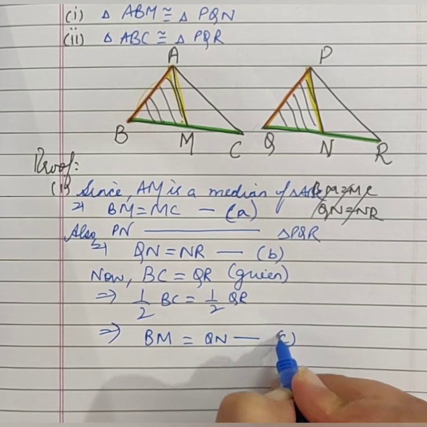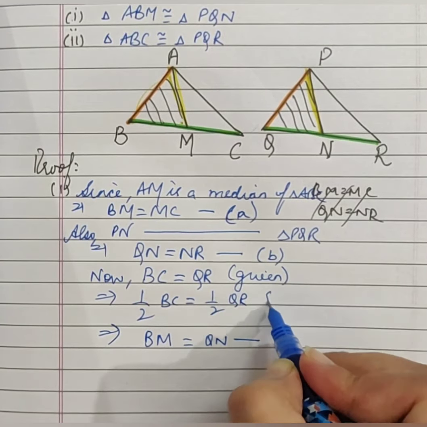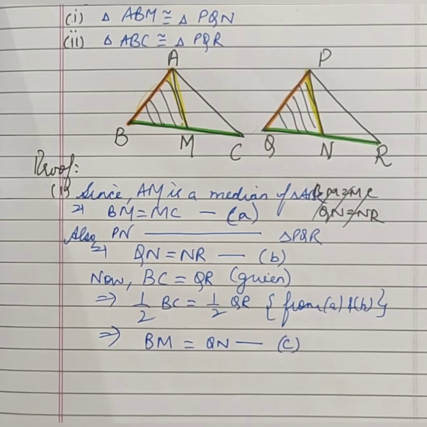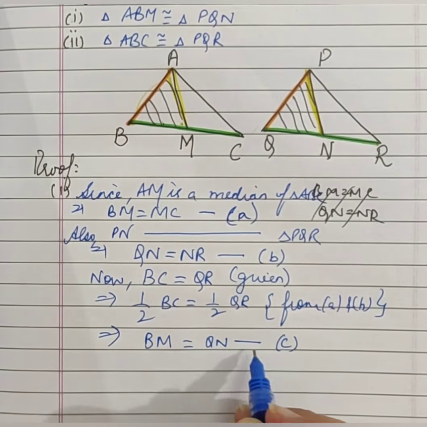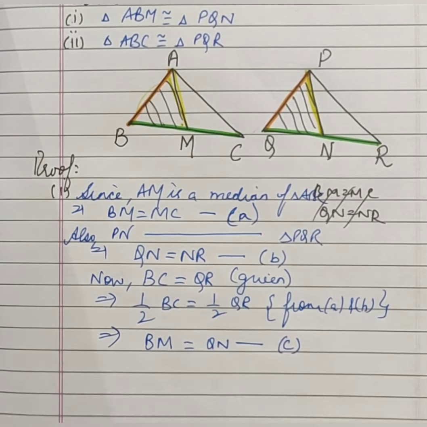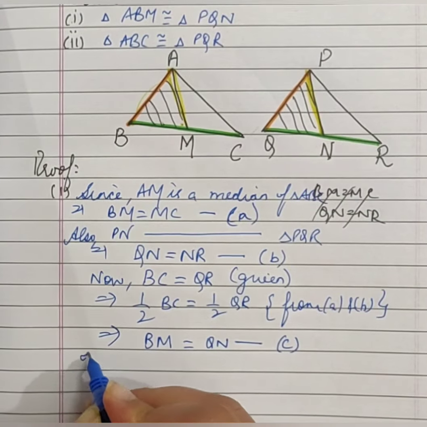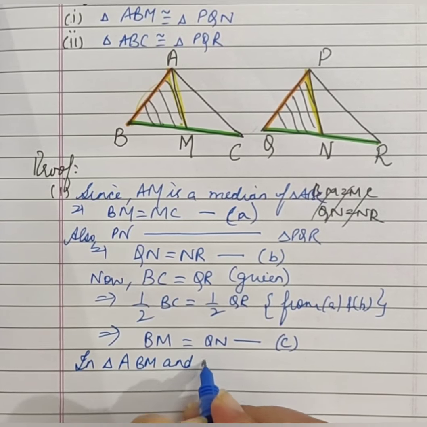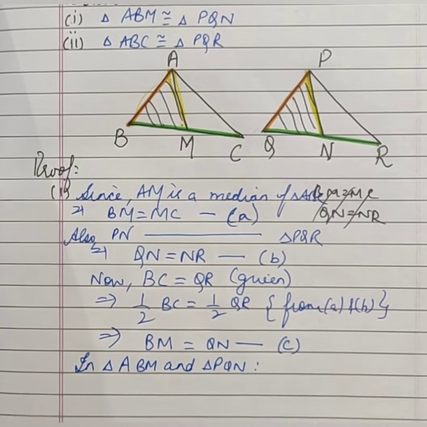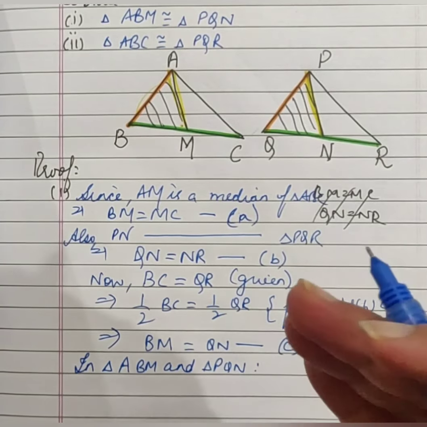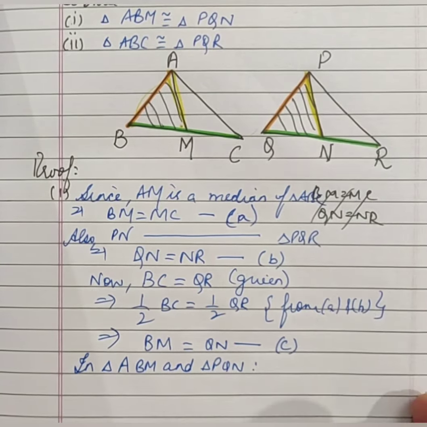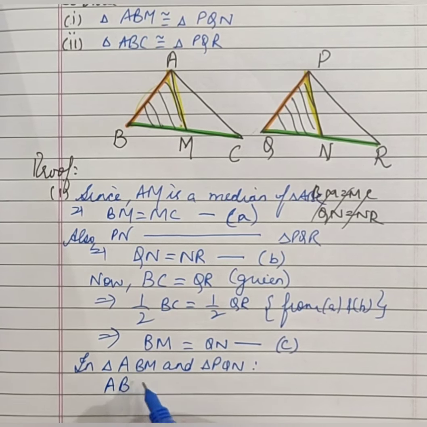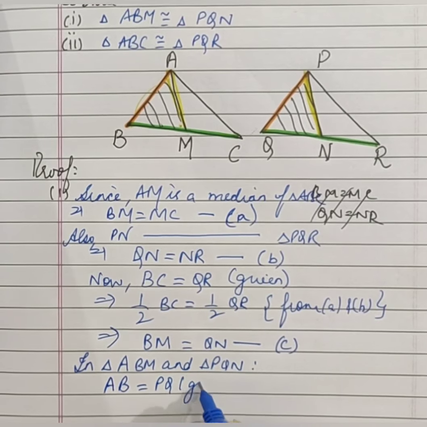Let's name it as equation C, or from here we can write from A and B. Now equation C would be used as a condition in proving the triangles congruent. Let's take the two triangles now. In triangle ABM and triangle PQN, see, if you are not able to analyze the triangles directly, you can draw the triangles separately. This will give you better clarity. AB is equal to PQ, it's given.